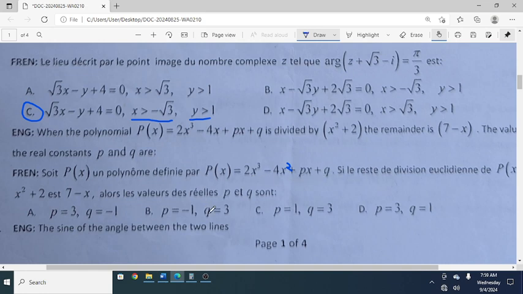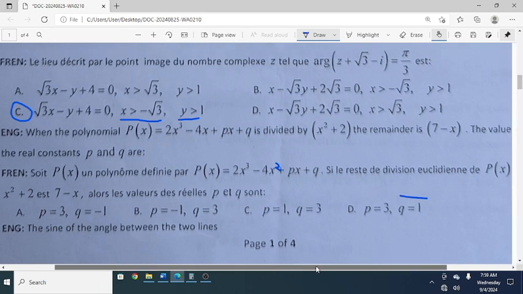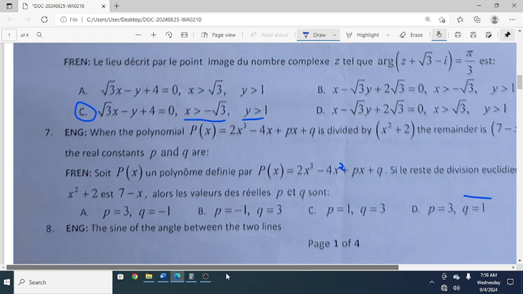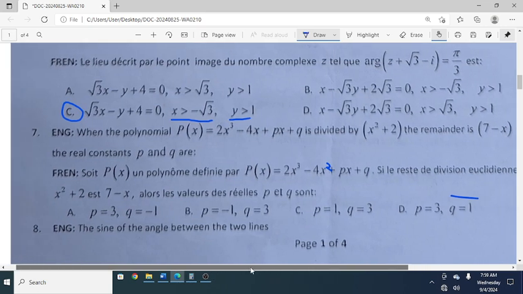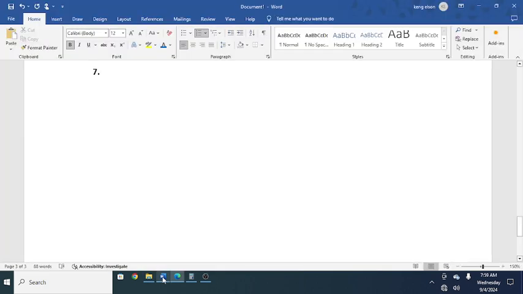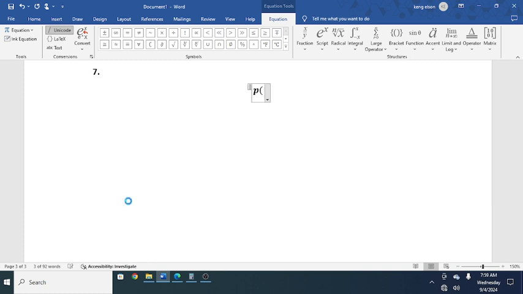When my polynomial is divided by x squared plus 2, the remainder is 7 minus x. We need to find the values of p and q. So I'm first of all going to write my polynomial: p of x equals 2x cubed minus 4x squared plus px plus q.